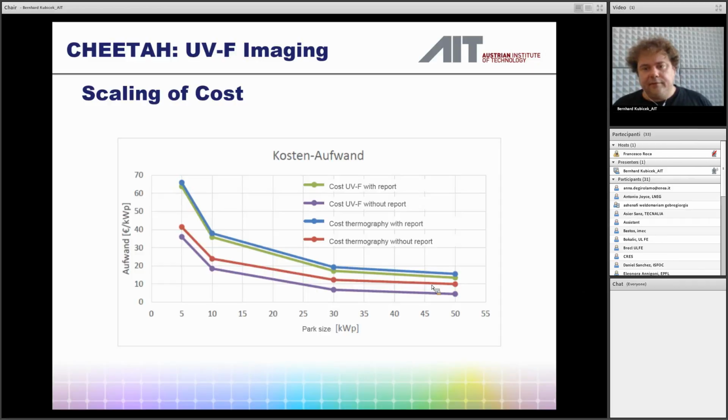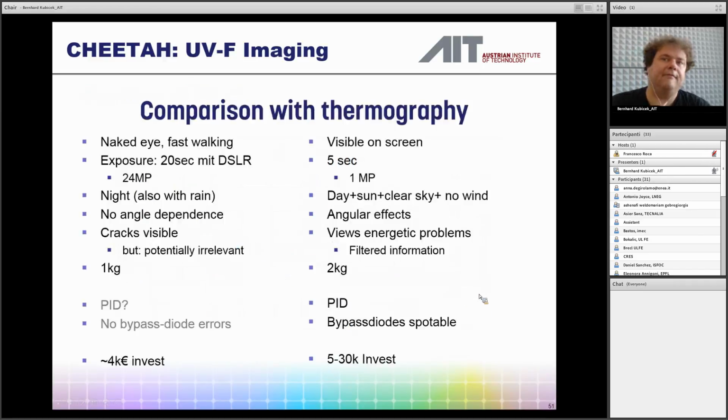However, with thermography, you have to look through the camera, so you have to turn, look at the camera, and then turn back and go on, because if you look through the optics of the camera, you can't really walk. So it's a bit faster, and I think this makes it feasible. The disadvantage is again that you have to work at night. So I think it's comparable, but you don't see the same things.